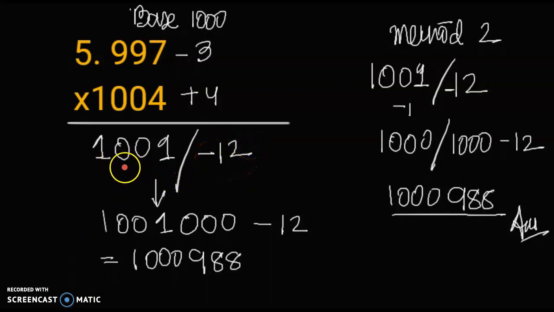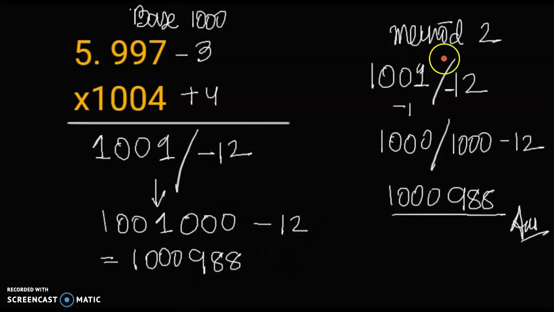Again the same process, but this time number times base gives you 1001000, because you have to multiply this time by base 1000, so 000. And now subtract this 12 right hand part, so you get this as your answer, 1,000,988. That is your answer.